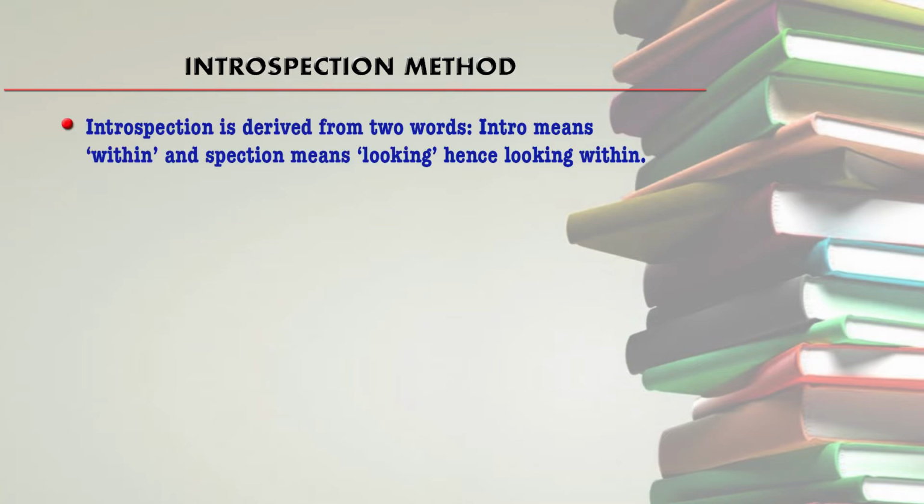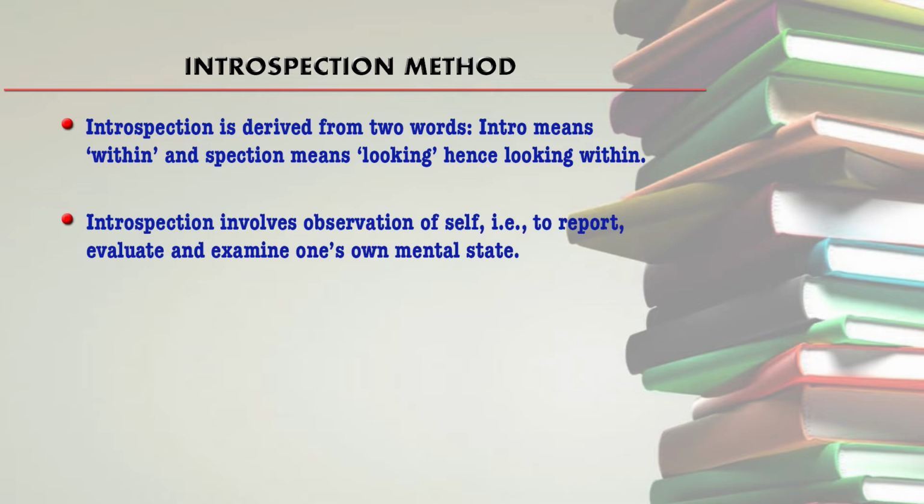Now learners, introspection is derived from two words. Intro means within and spection means looking. Hence, we can say introspection is looking within. So introspection actually involves observation of self, that is to report, to evaluate and to examine one's own mental state.